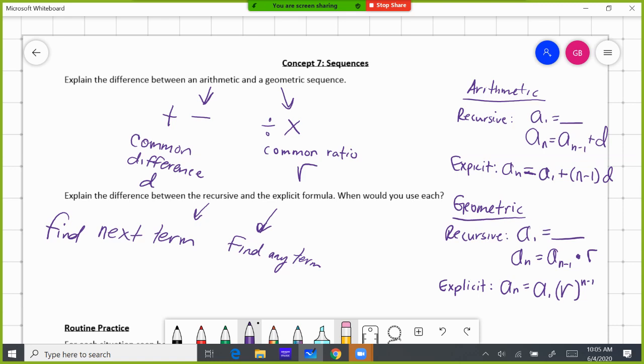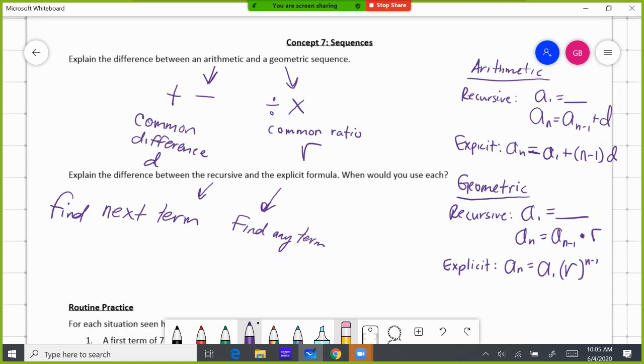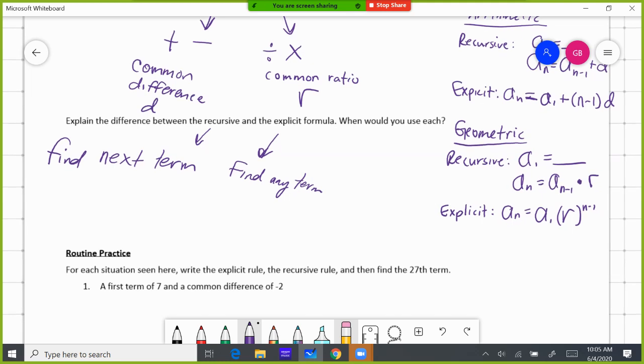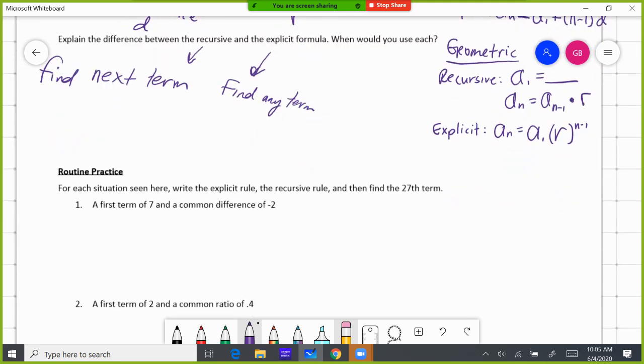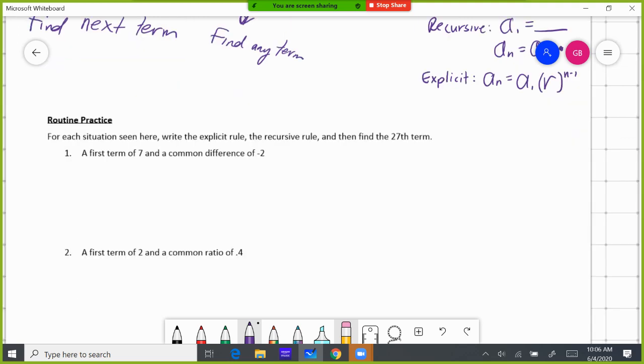And then we're going to see some examples below. So for each situation here, write the explicit rule, the recursive rule, and then find the 27th term. Okay, so the first term is 7, common difference is negative 2. So I'm going to start with the recursive. We're going to state the first term, which is, they're telling us here that it's 7.